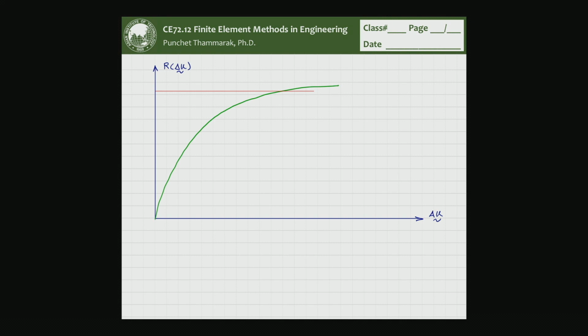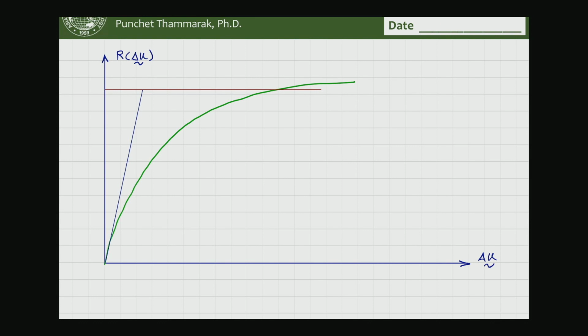So for the first step, you use the initial tangent, and you get the solution, and this turns out to be delta U1.